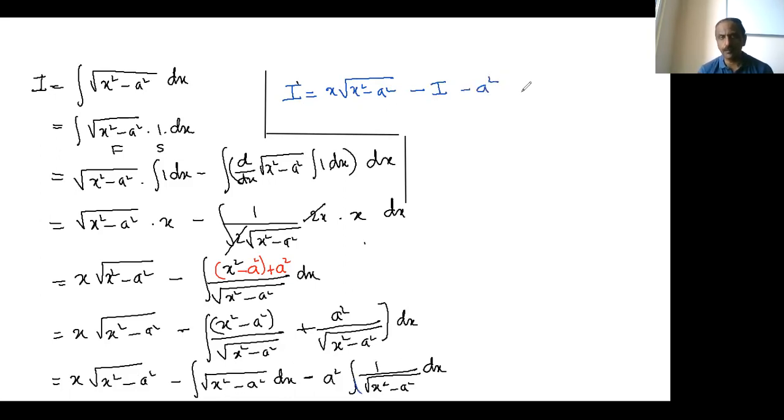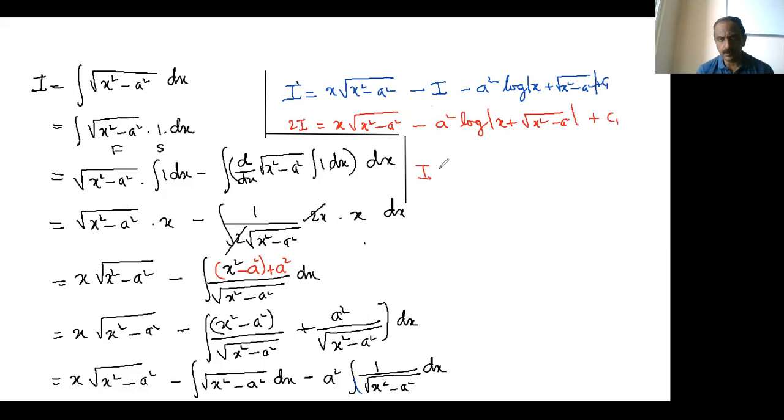Integral of this is a standard formula, log of x plus root of x square minus a square plus c1. So 2I is equal to x root of x square minus a square minus a square log of x plus root of x square minus a square plus c1.